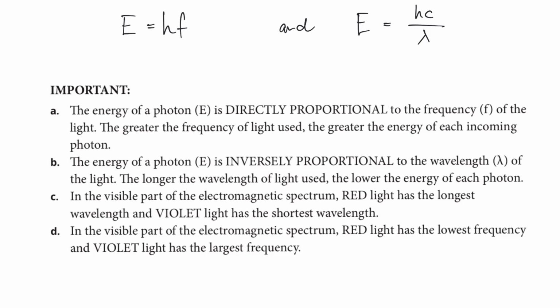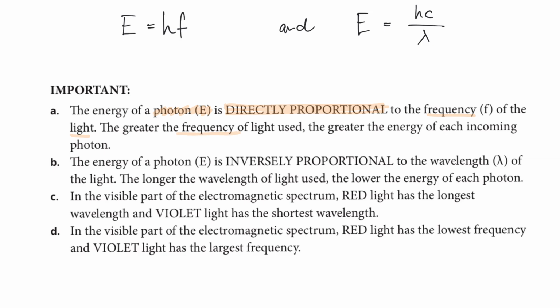Alright, before we go on to the next subtopic, the first thing we're going to look at is our relationships. These relationships are very, very important. Looking at both of these formulas, what you must understand is that the energy of a photon is directly proportional to the frequency of the light.